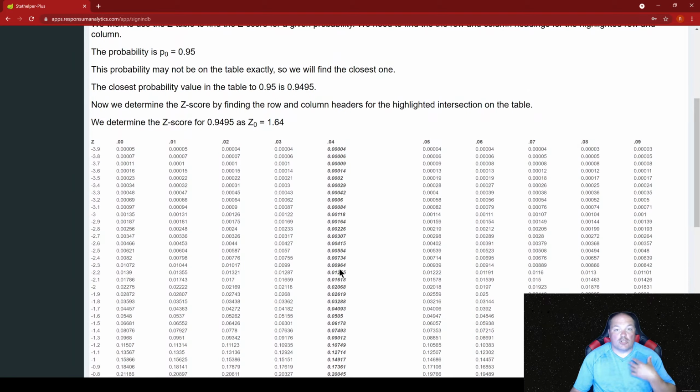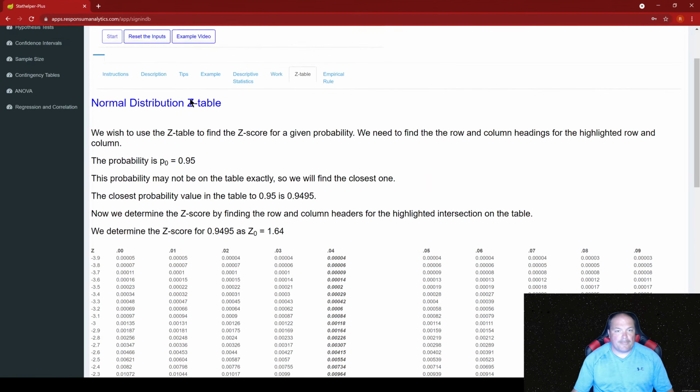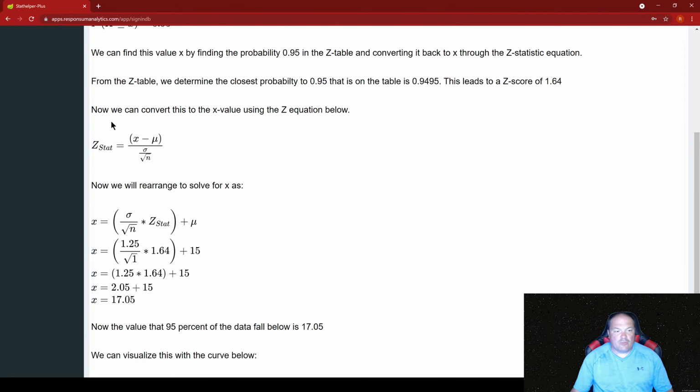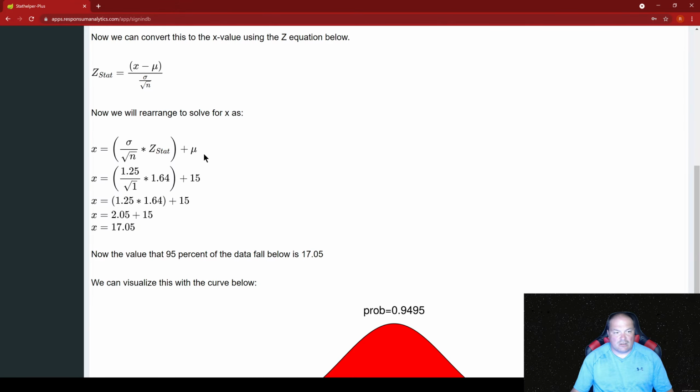Now, our z becomes 1.64, and now we're going to plug and chug and do some moving around to solve for x. So we're going to come back here. Here's our z statistic. If we rearrange and solve this for x, we end up with this equation that you see here. We know sigma, 1.25. We know n, which is 1.